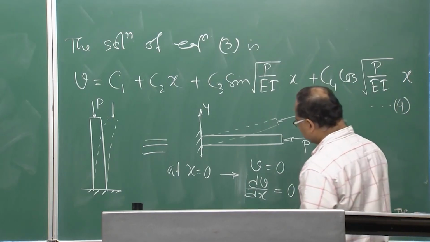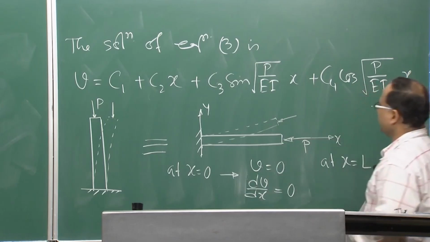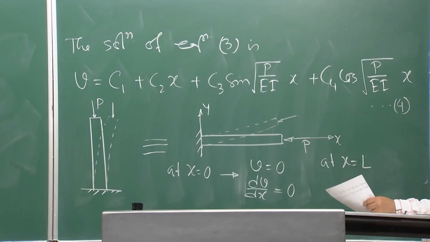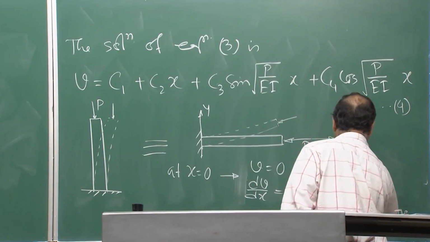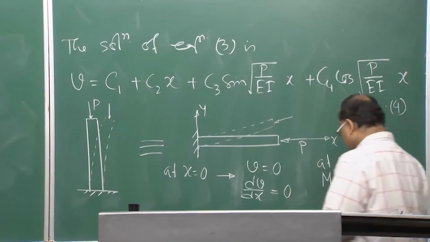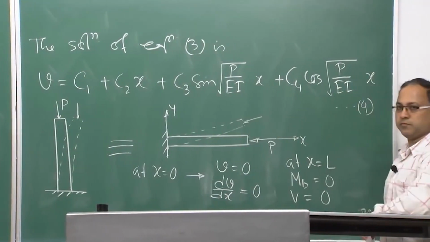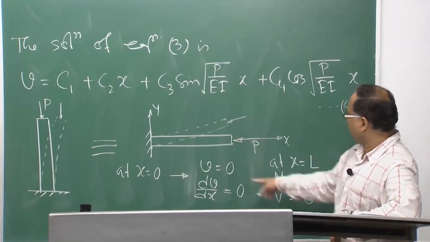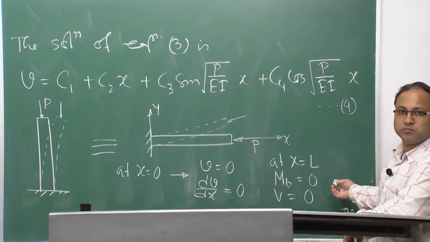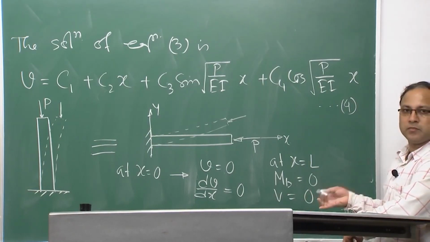Now, one more, at x equal to L, what is happening? At x equal to L, what can I write? Your bending moment is 0 as well as your shear force is 0. Agreed? At the free end, your bending moment is 0 as you know, and your shear force must be 0. Agreed?